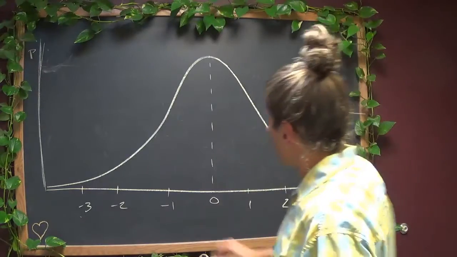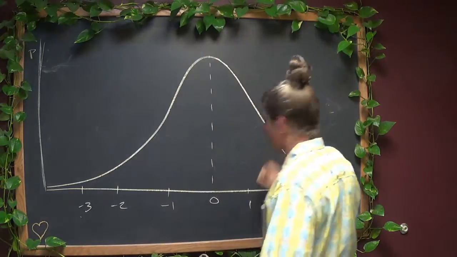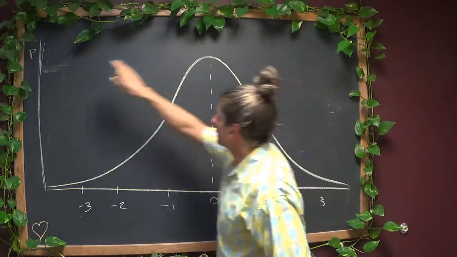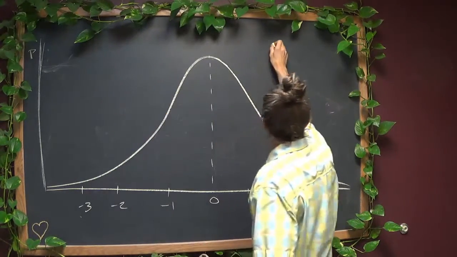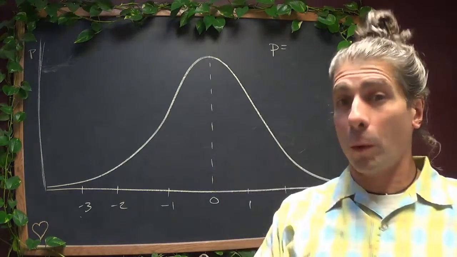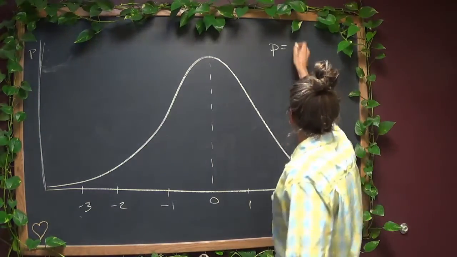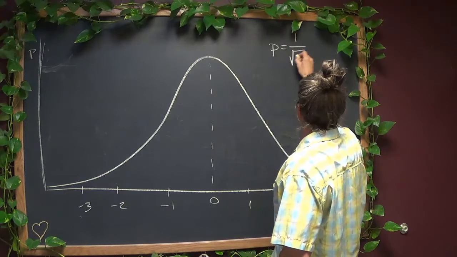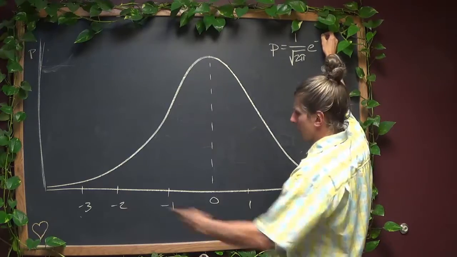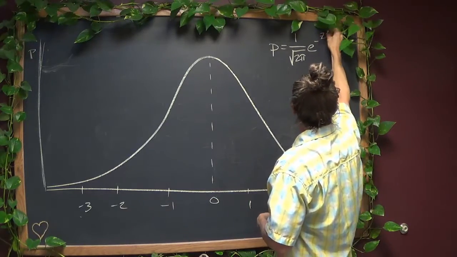Now, as it turns out, this beautiful curve has an equation, and the probabilities that are on that axis are given by this gorgeous and not to be worried about equation: 1 over √(2π) times e to the negative, we'll call this z squared over 2.